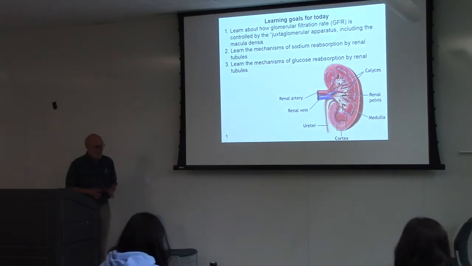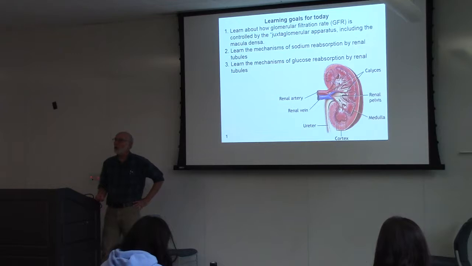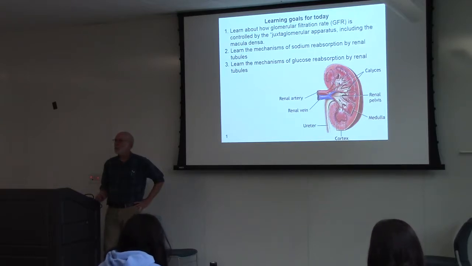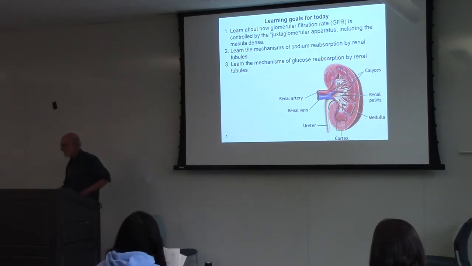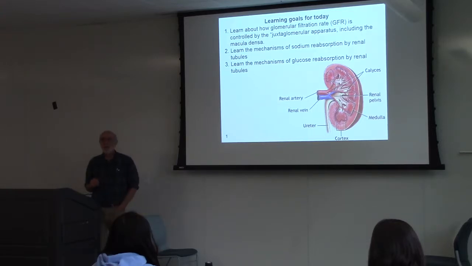All right, so today we're going to pick up where we left off with glomerular filtration, and then talk about how the renal tubules, the proximal tubule, the loop of Henle, the distal tubule, and the collecting tubule, how those tubules process solute to reabsorb.